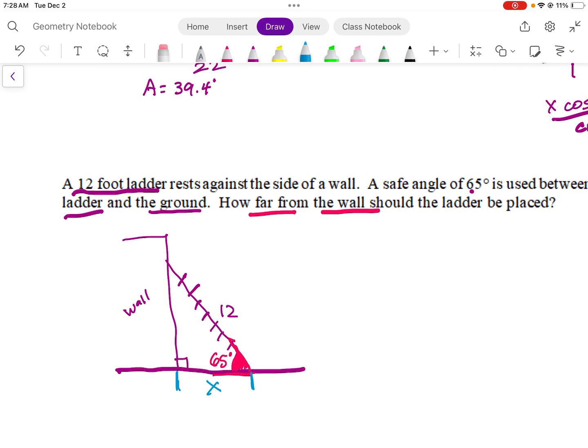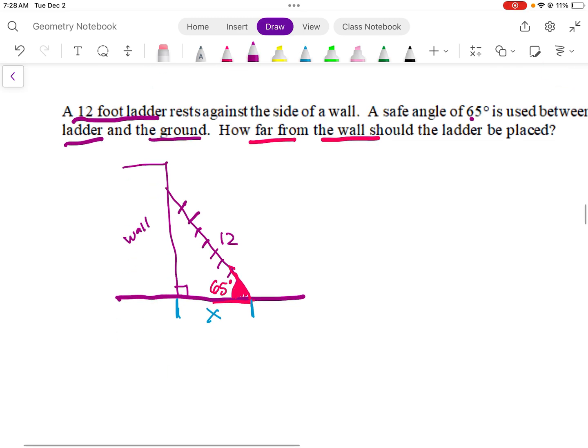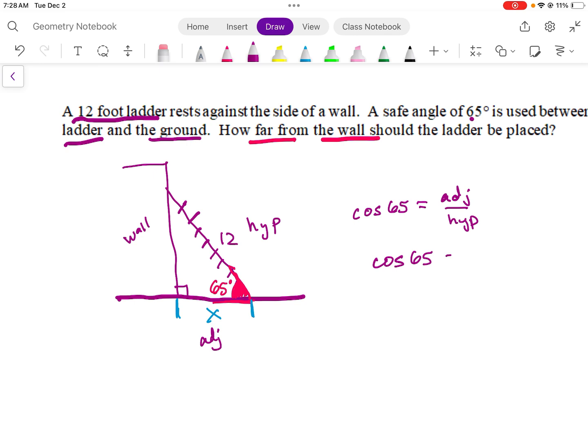So if I look at 65, notice that 12 is my hypotenuse and x is my adjacent side. So the cosine of 65 is adjacent over hypotenuse, so the cosine of 65 is x over 12. Cross multiply. 12 cosine 65 is equal to x.